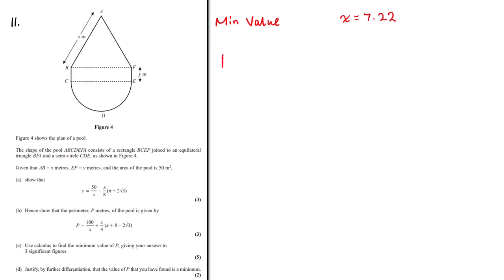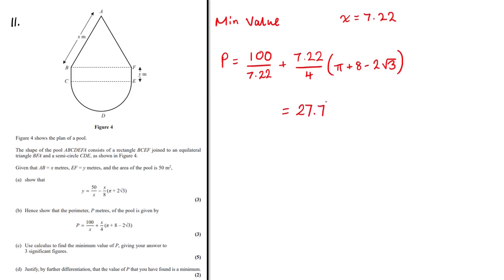So therefore, I get p is equal to 100 over x, so that's 100 over 7.22, plus x over 4, so that's 7.22 over 4, and then we multiply that by pi plus a minus 2 root 3, and just put this into your calculator, and then give your answer to three significant figures here, and what you get is 27.7 there. Okay, and that's to three significant figures.